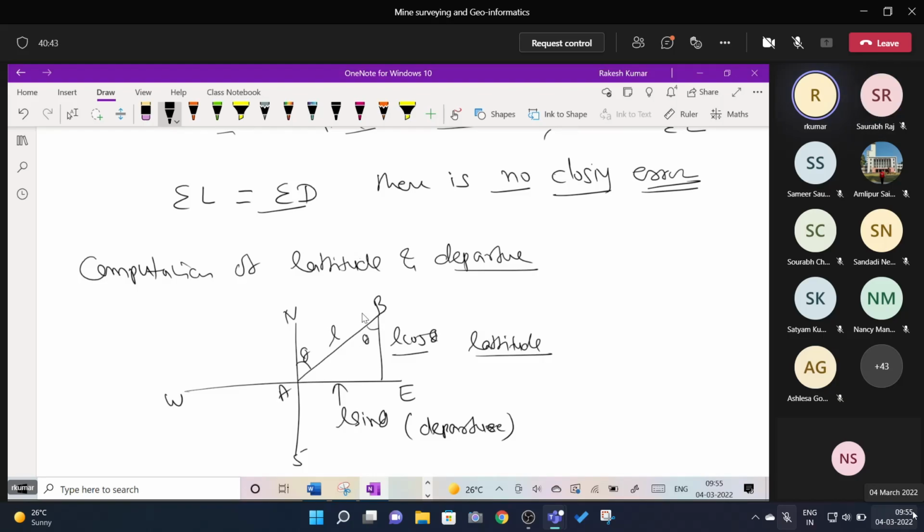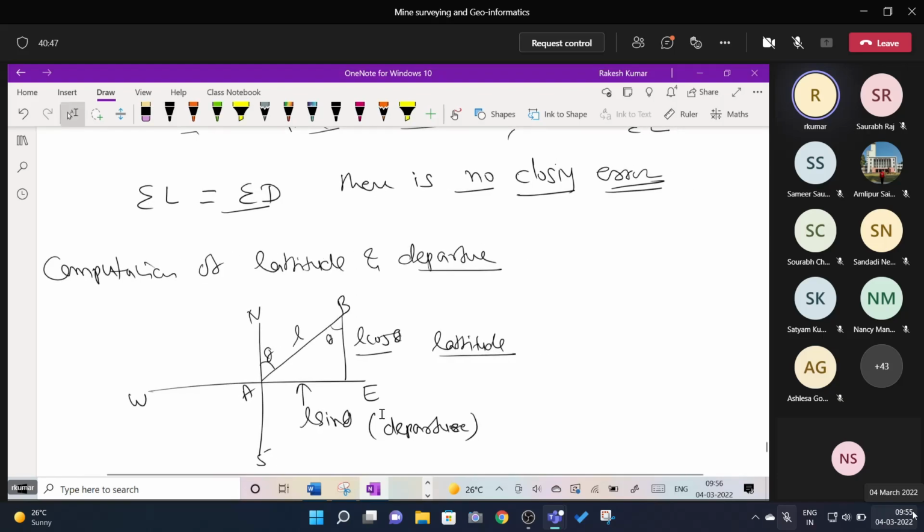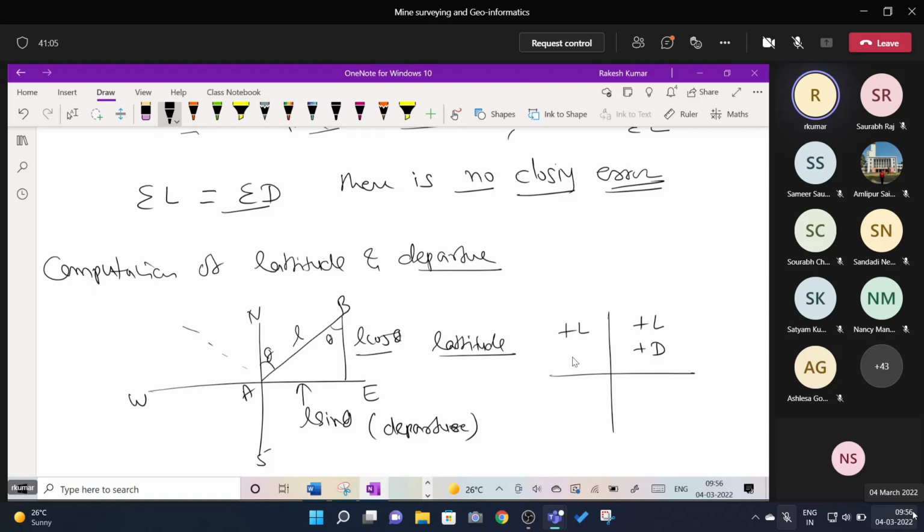Okay. If you understand this theta, then in this quadrant both the latitude and departure will be positive. Now suppose theta comes this side. If you calculate, then your latitude will be positive, your departure will be negative.